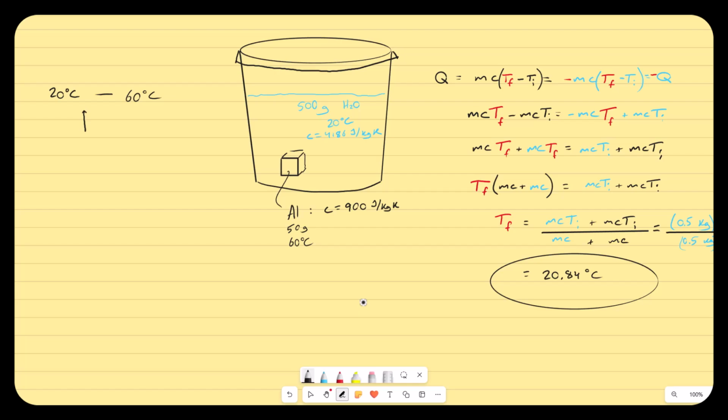The only assumption that I have made in this whole thing is that all the heat from my block goes into the water. That doesn't have to be the case. We could have a case where the cup itself heats up or where something else is going on, but those are messier problems and they're not really the kind that you're going to come across. So whatever heat the one gives off, the other picks up, and then it's just going through the algebra.